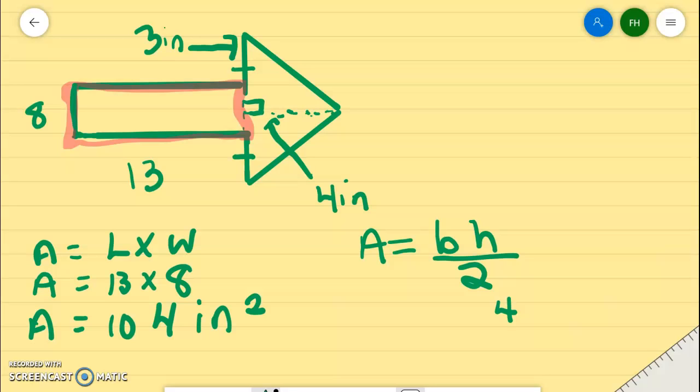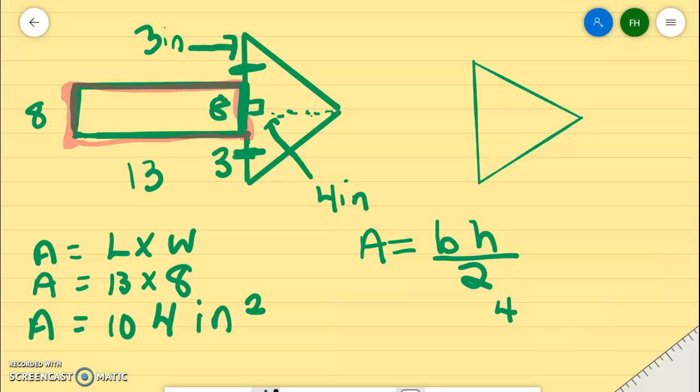Well, we know if this side of the rectangle is 8, then this side is 8. So from here to here is 8. And we know that these are the same, so that has to be 3. So if we take our triangle over here, we know the height is 4. And 3 plus 8 plus 3 would be 14.